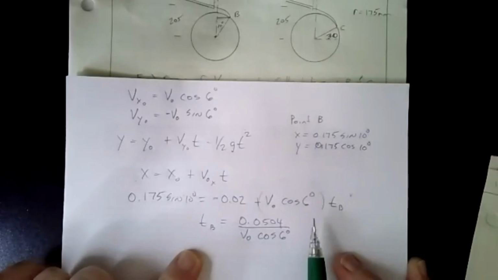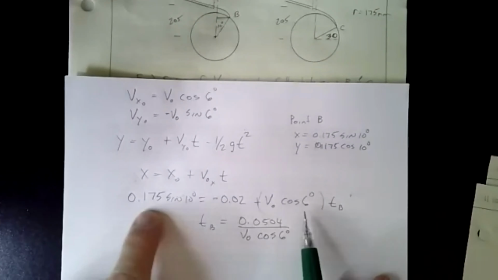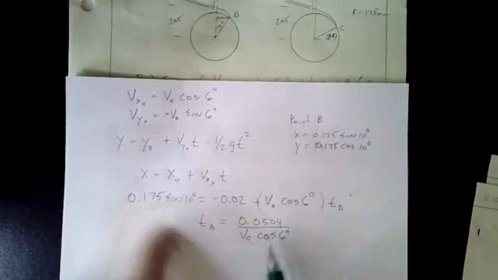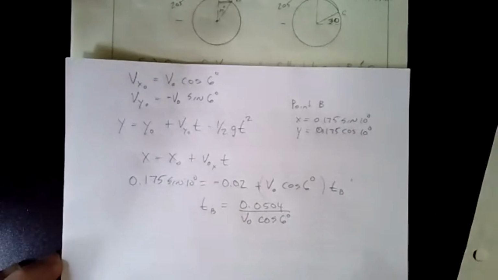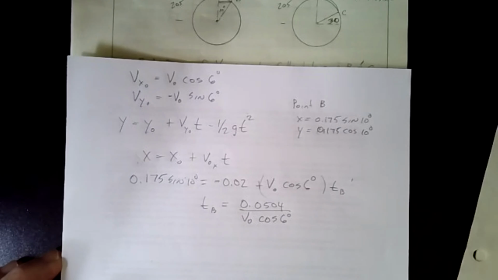So we get TB, and what we've done now is we've solved this equation for where the x position is by time. And so now we can go ahead and write our y location equation. Really this is another one of those power substitution problems.